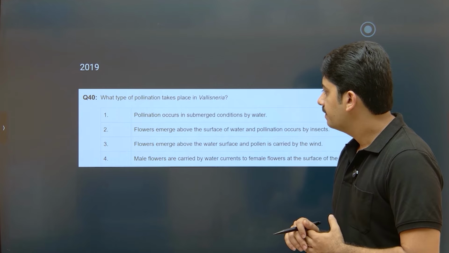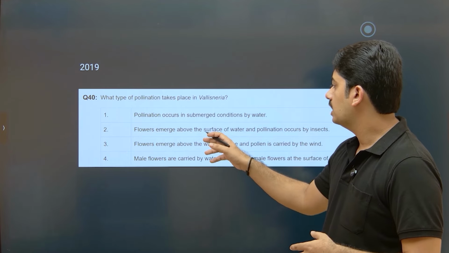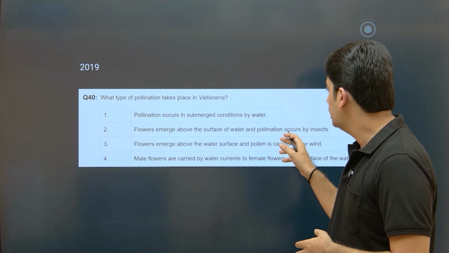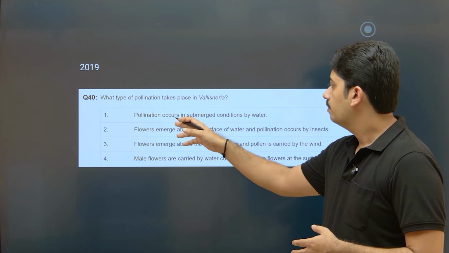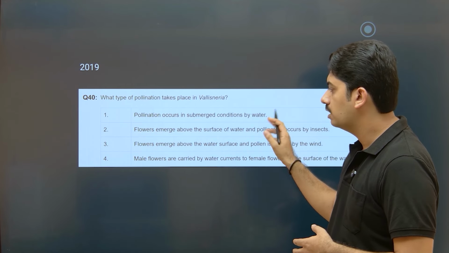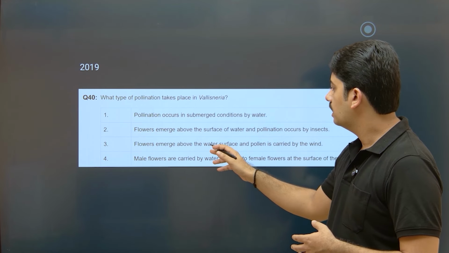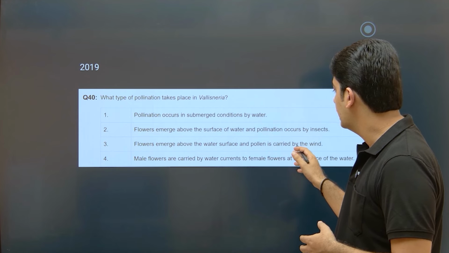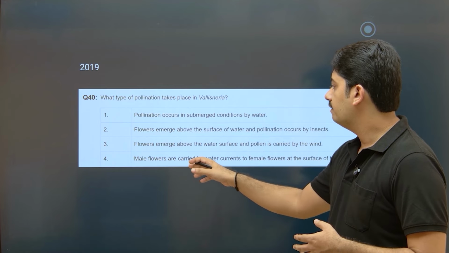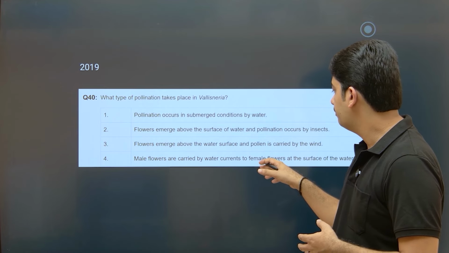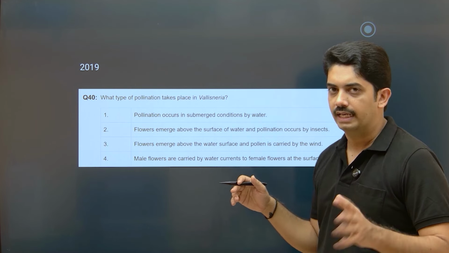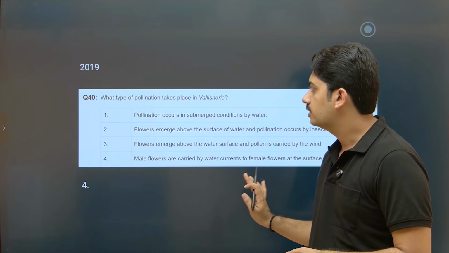Flowers emerge above the surface of water and pollination occurs by insect, wrong. Pollination occurs in submerged condition by water, wrong. Flowers emerge above the water surface and pollen is carried by the wind, wrong. Male flowers are carried by water current and female flowers at the surface of the water, correct. So the fourth option is correct.